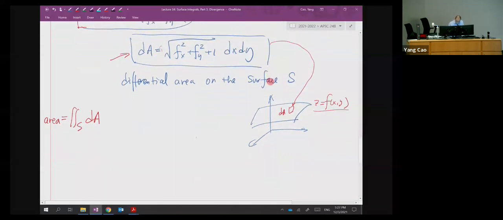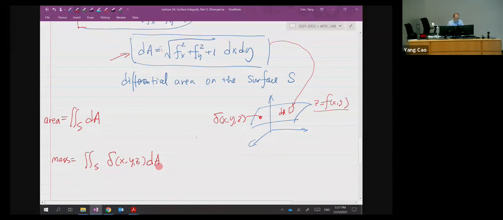One more application is, suppose you have a density associated with this surface. You pick a point on the surface, it has a density delta. Then what will be the mass of this surface? The mass will be density times dA, which gives you a small mass, and you add over the whole surface, then you get the total mass.